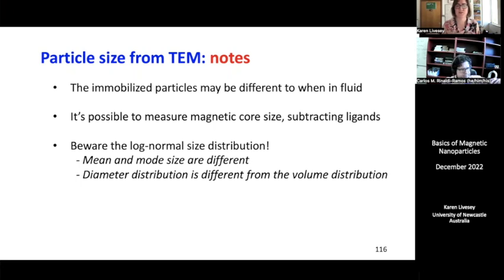And a distribution of particle diameter is different from the distribution of particle volume. I'm just giving you some words of warning here, rather than taking you through all the subtleties, but be aware that there are those little things that catch people up when using a log normal size distribution.